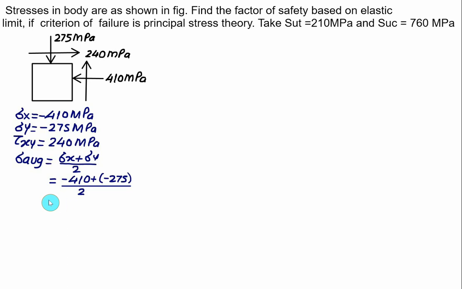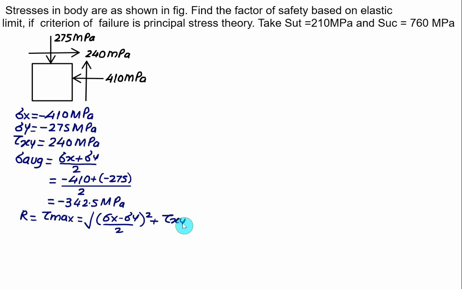So we get sigma average equal to minus 342.5. We'll continue this practice of calculating the principal stress, because very quickly, using sigma average and the radius, we can draw the Mohr circle. That is a useful idea in the case of maximum shear stress theory. So the radius is equal to tau max, and tau max is equal to the square root of sigma x minus sigma y divided by 2, whole squared, plus tau xy squared.